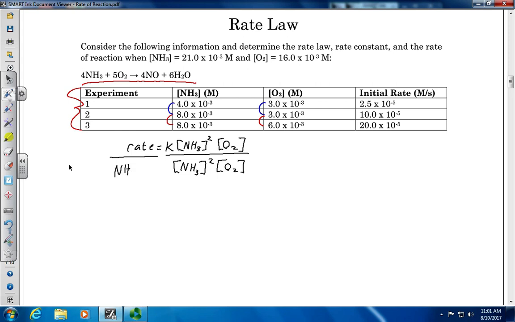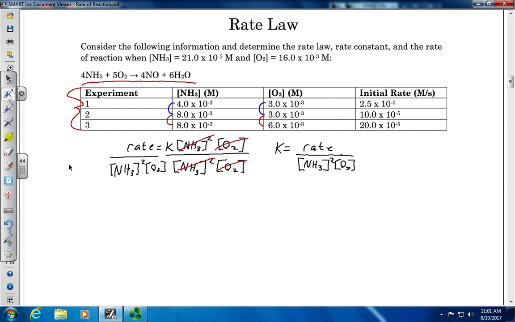That's going to cancel with that, and we're left with k is equal to the rate over NH3 squared times O2. And there it is.